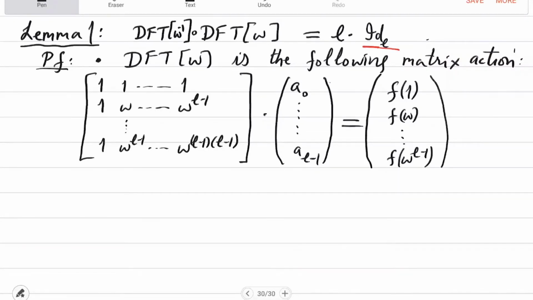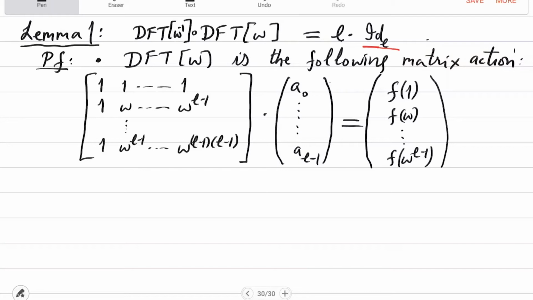Once written this way, it's easy to see. F(1) is just the sum of the AIs, and A0 to AL minus 1 are the coefficients defining F. So on the left hand side you are actually evaluating F at 1, omega, up to omega to the L minus 1. That is the matrix action.